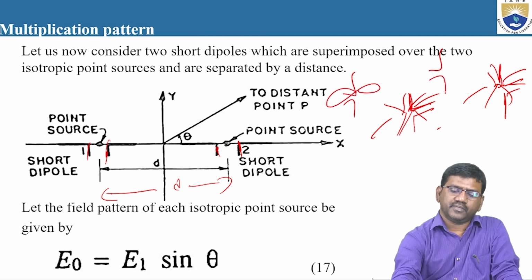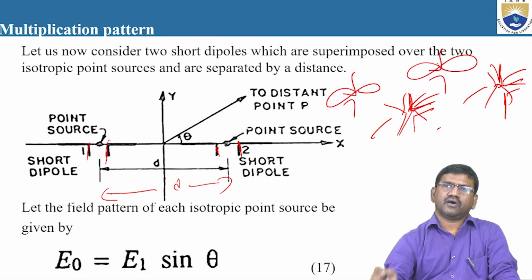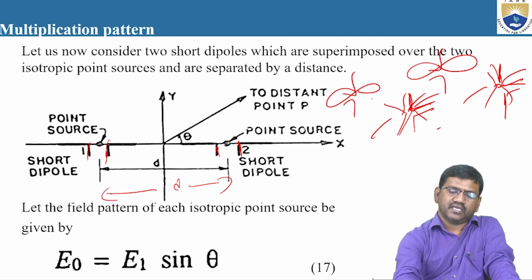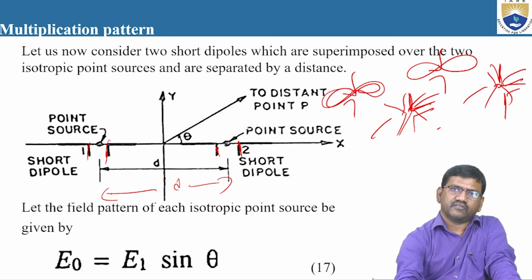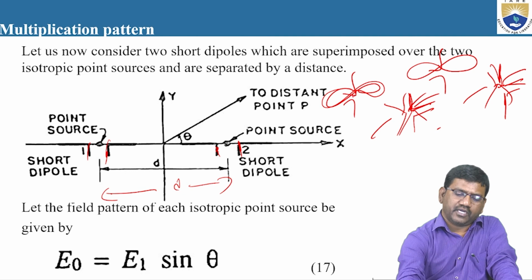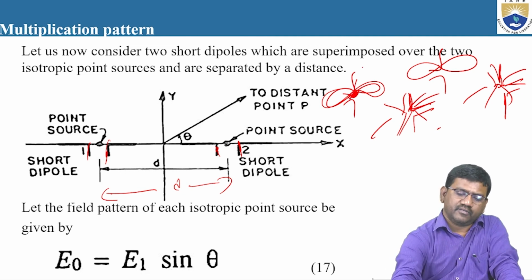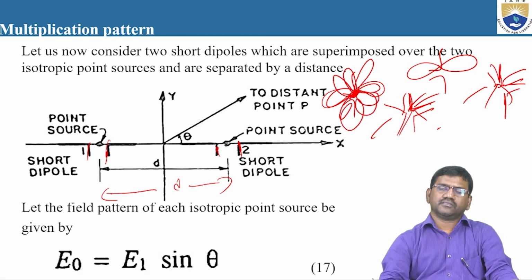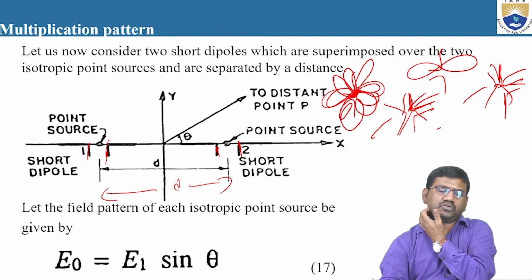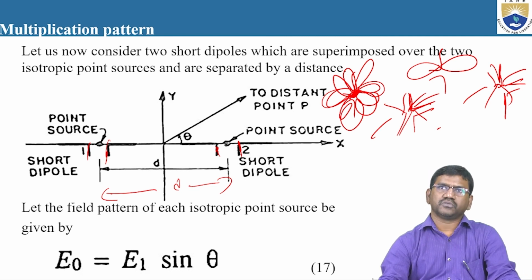A dipole radiation pattern will be horizontal. And if you take a point source which is superimposed on this dipole, the radiation pattern will be like this in all different directions. So we have combined two sources collectively.